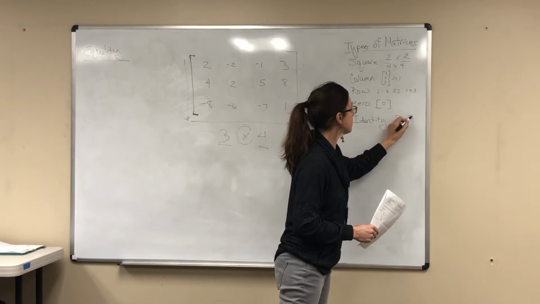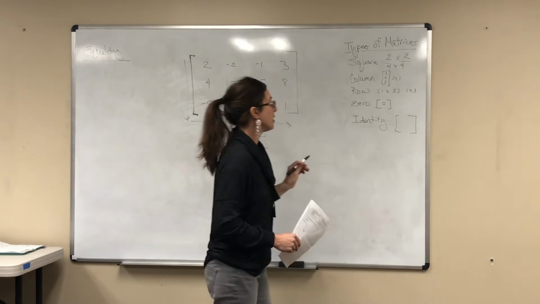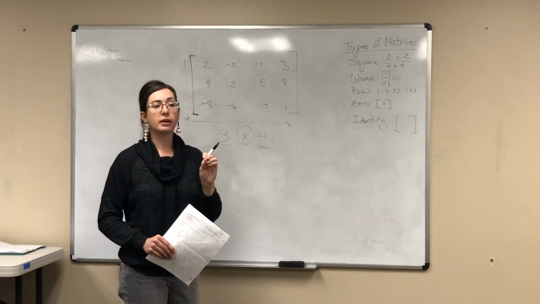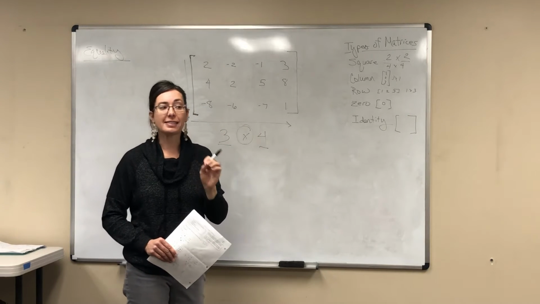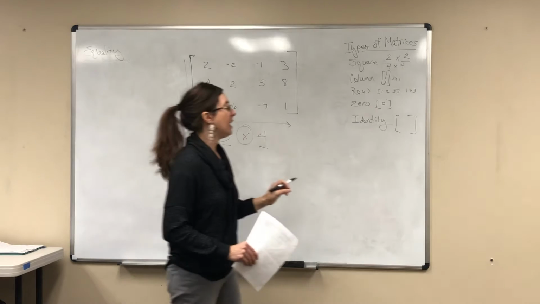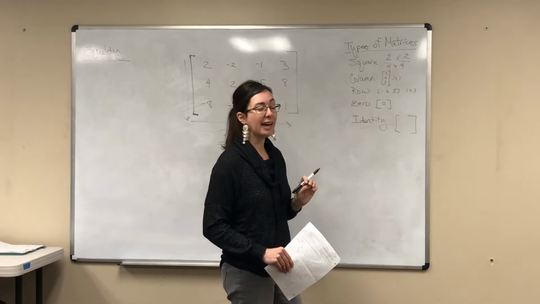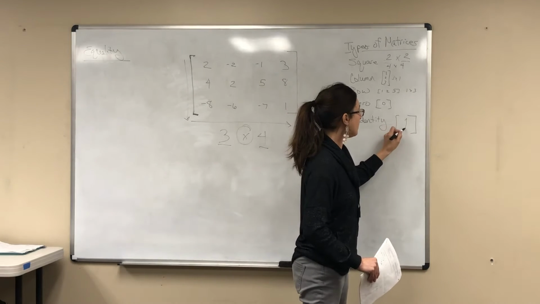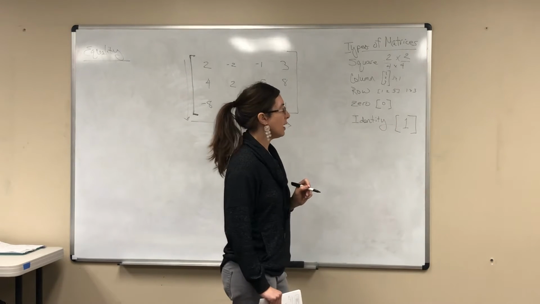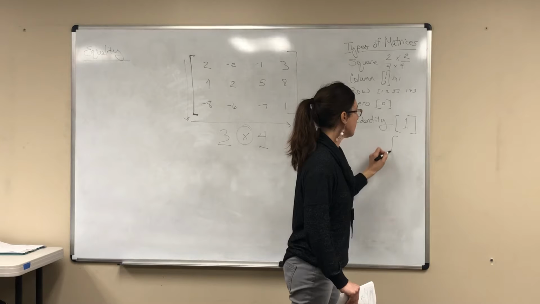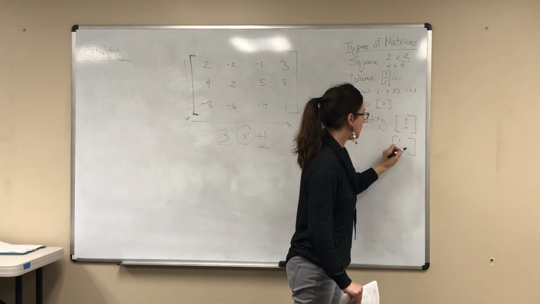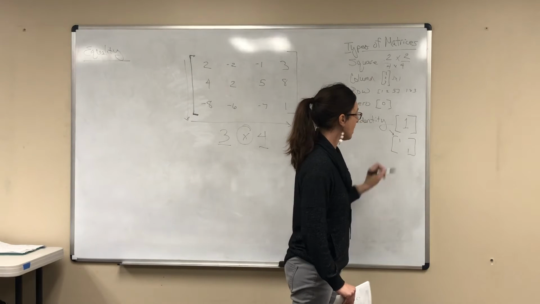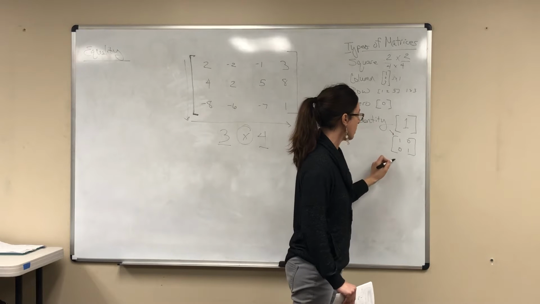Identity matrix, so this is a special one. No matter how big your identity matrix is, it will have ones along the diagonal and zeros everywhere else. If it's a single, it would just have a 1. If it's a 2 by 2, you're going to have a 1 and a 1 along the first diagonal, and you're going to put zeros in everywhere else.